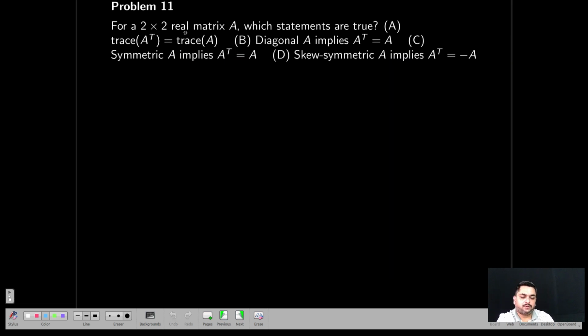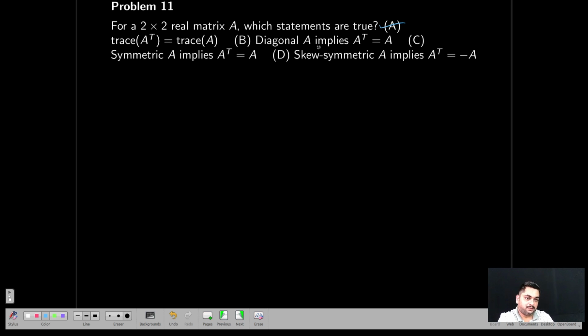Next, for a 2 cross 2 real matrix A, which statements are true? Trace of A transpose equal to trace of A. So is it true? Yes, it is true. You take any matrix, trace of A will be trace of A transpose, because the diagonal elements, the order may change, but the diagonal elements will remain the same. Okay, so this is true.